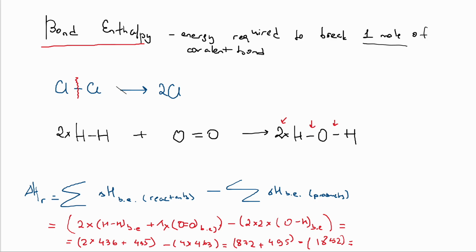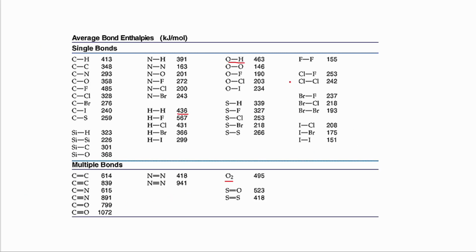So overall 872 plus 495 minus 1852, so we get minus 485 kilojoules per mole. These are all given in kilojoules per mole.